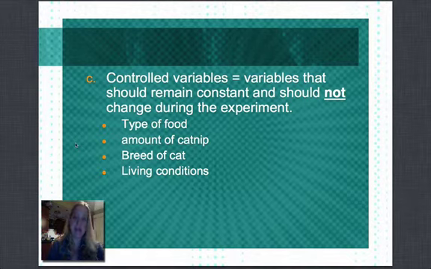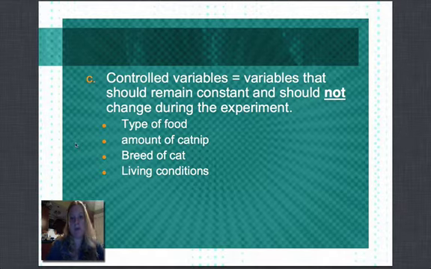So in the cat experiment, the things that we want to be the same across the groups would be the amount of catnip given to the different cats. We would want the type of food. We wouldn't want to change the food across the groups. The breed of cats, because some cats may react differently to catnip. And then also the living conditions. We try to control these as much as we can.